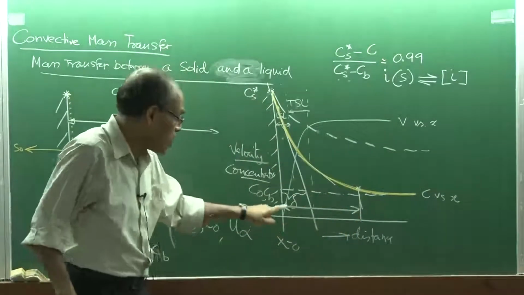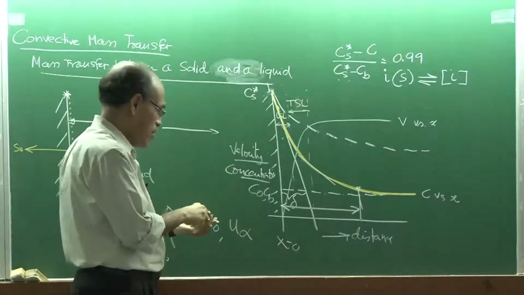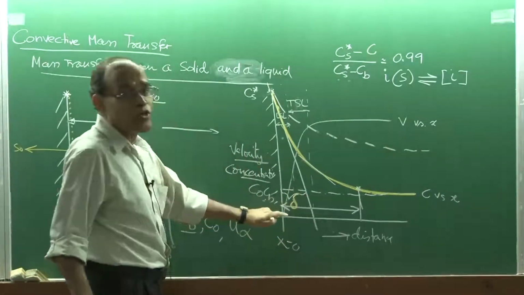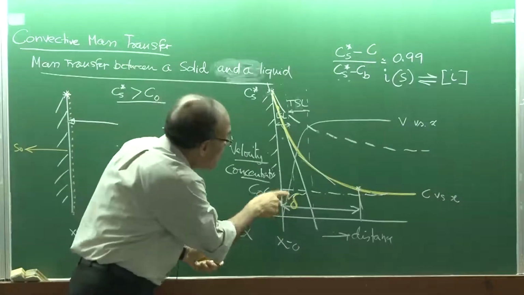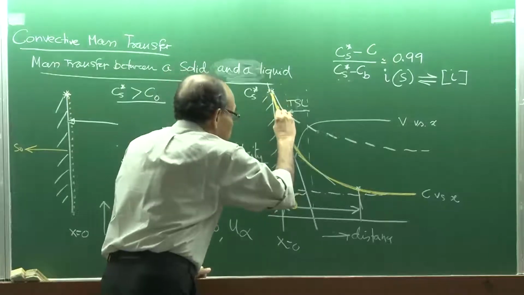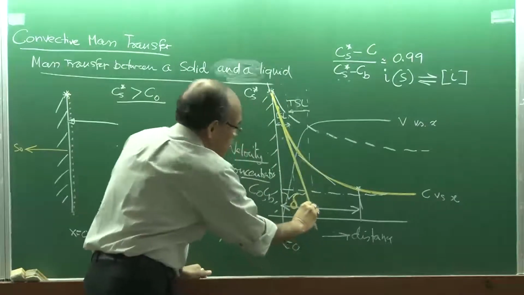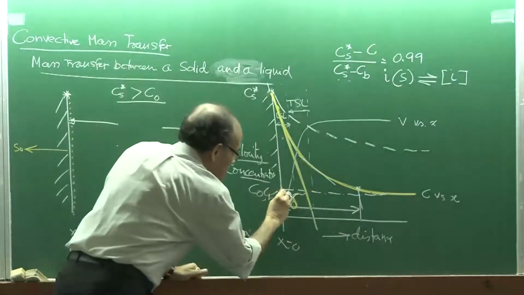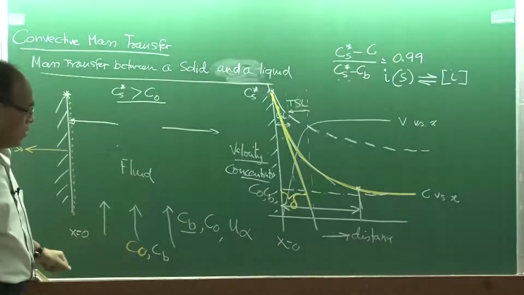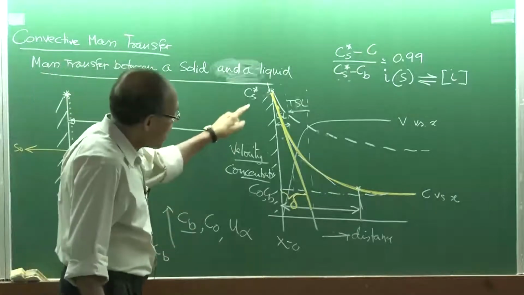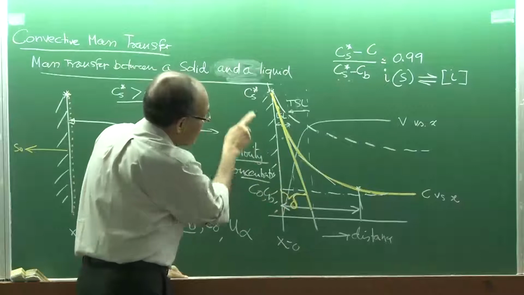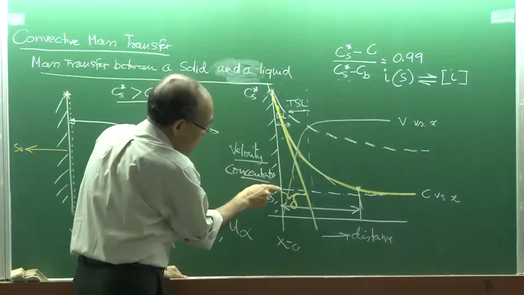So in terms of that, this delta which I have represented here is certainly not the concentration boundary layer, but it is a measure of the slope of the line. This is the slope of the line at x is equal to 0, and this distance is delta. So I can say that the slope of this line is going to be delta divided by Cs, and this is Cb.